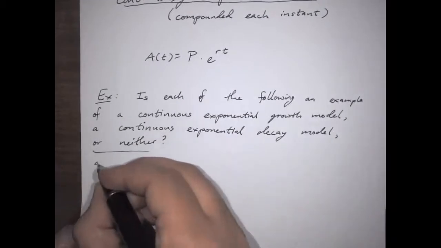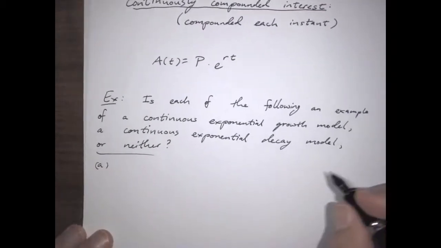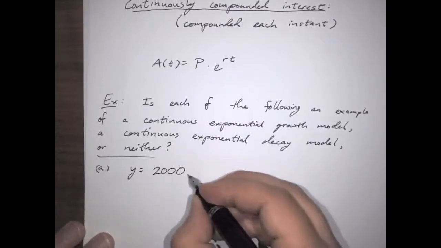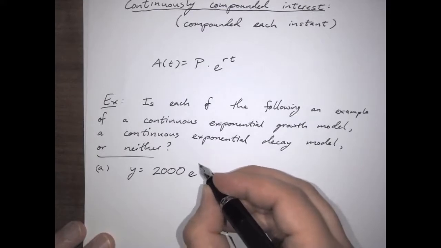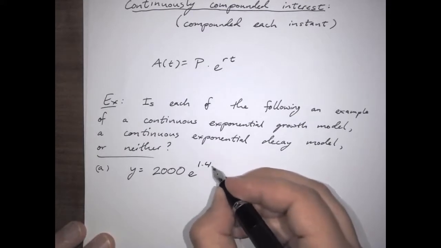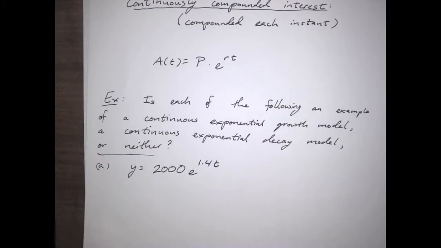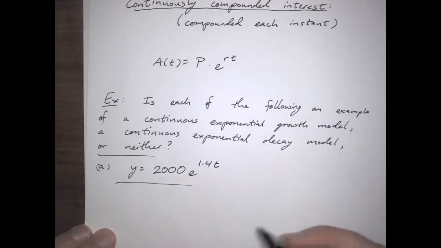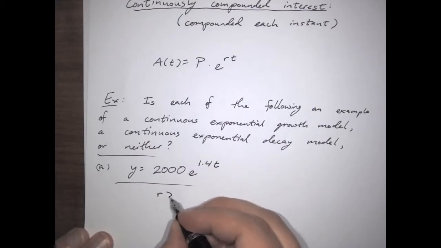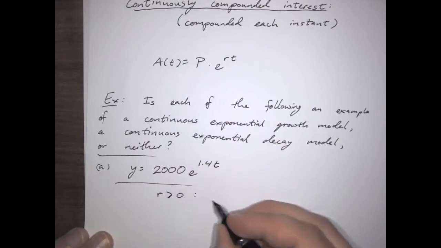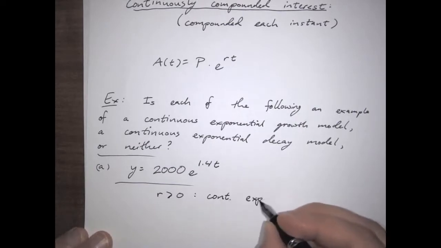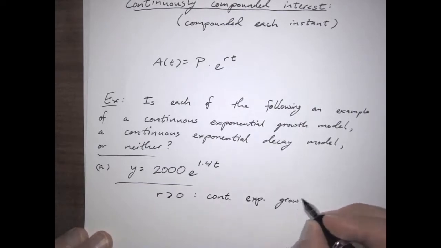Let's start with something like y equals 2000 e to the 1.4 t. So right up here, that's where the r is. This fits the model, and the r is positive. R is bigger than 0, which means continuous exponential growth.